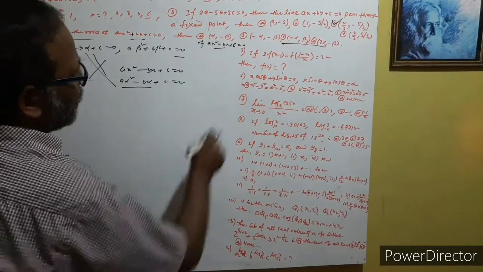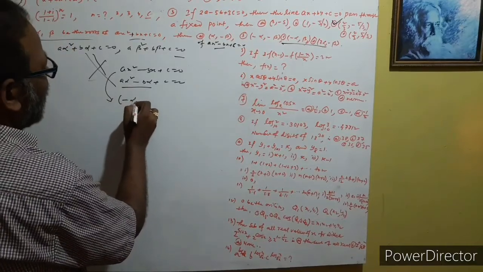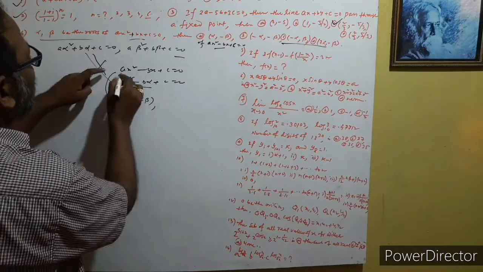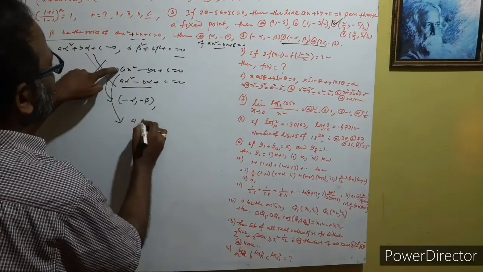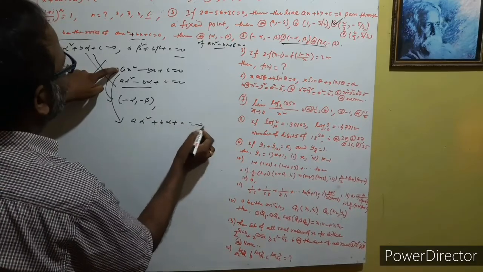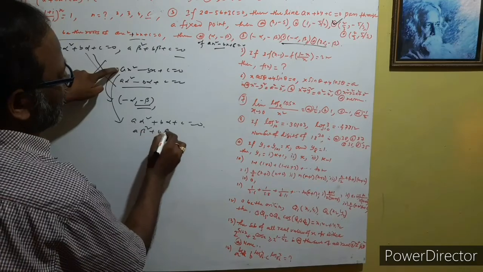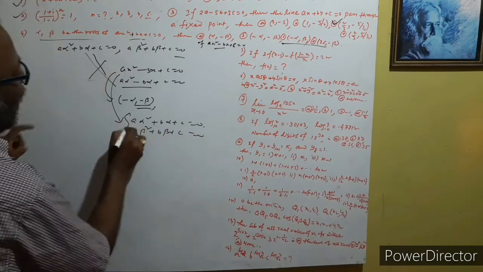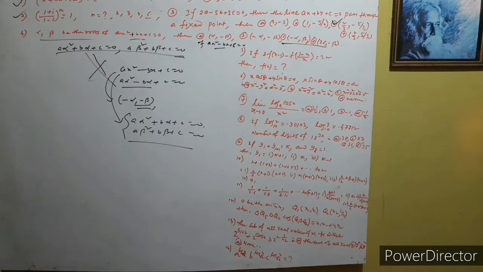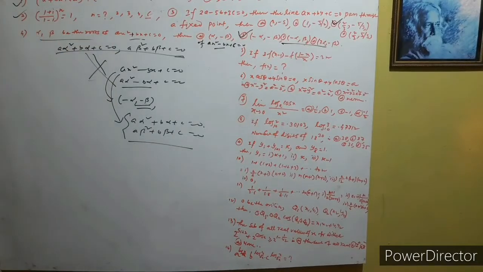Now if we put −α and −β, then we get aα² + bα + c = 0. Again, if we put β, then aβ² + bβ + c = 0, and these two conditions satisfy these two equations. So option B is right here.